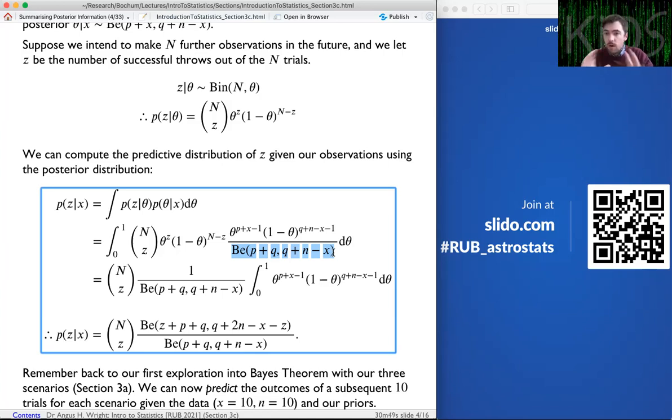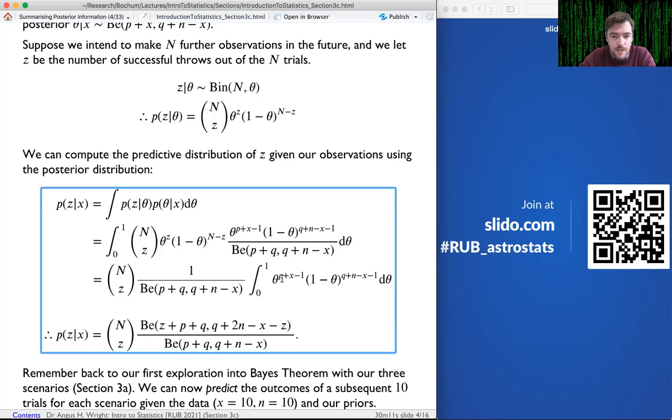So if you don't know what I'm talking about, have a look back through our distributions, and you'll see that at the front of the beta distribution, there's a collection of gamma functions, gamma A times gamma B divided by gamma A plus B. And that fraction of gamma functions is generally collapsed into a function that's called the beta function, beta of these things. And so we can just pull that constant out the front. And when we do this integral, we get another beta function.